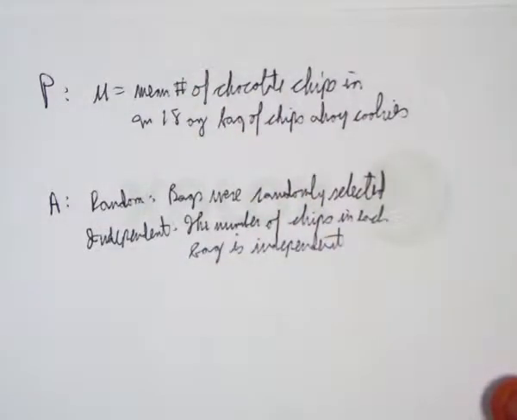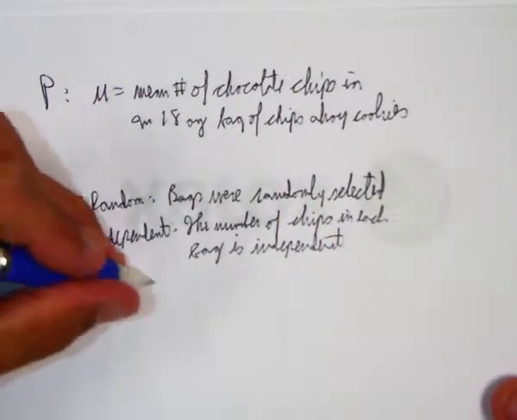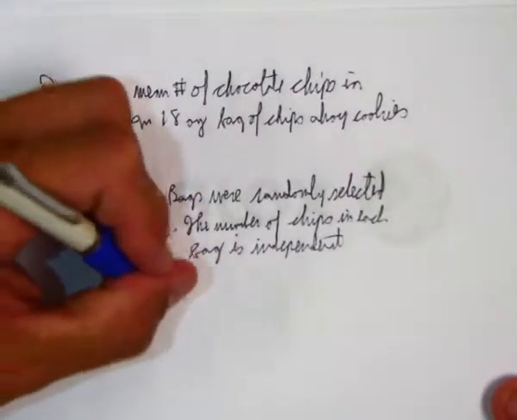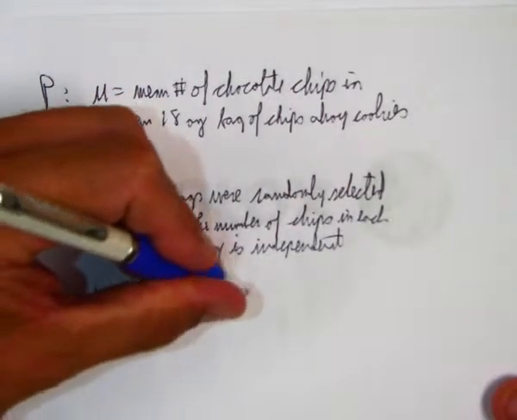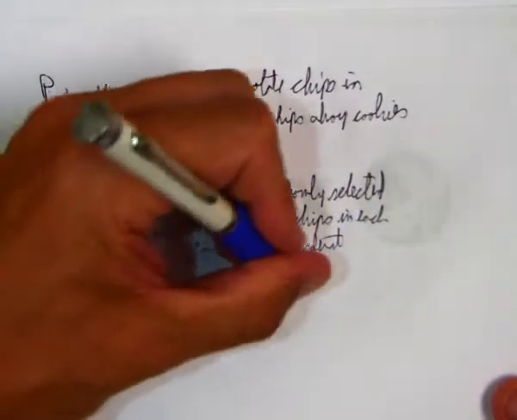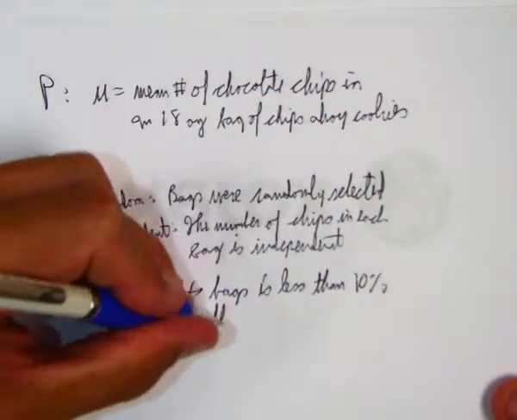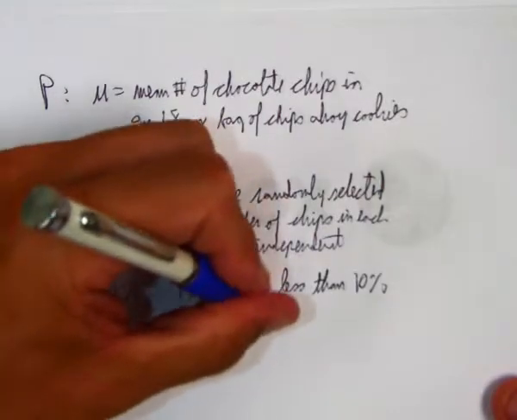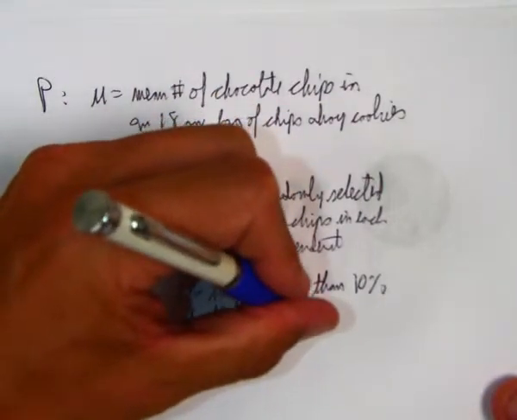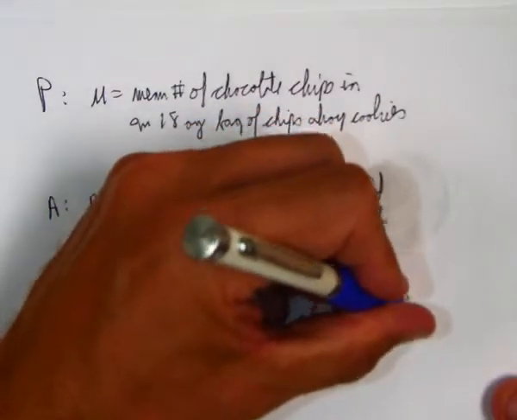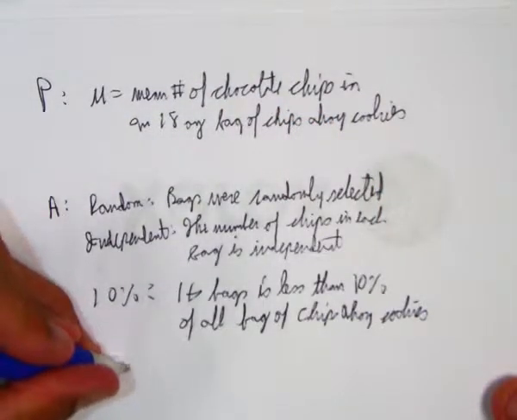Okay, 10%. In this case, what did they do? They bought 16 bags. So 16 bags is less than 10% of all bags of Chips Ahoy cookies. Okay? Normal.